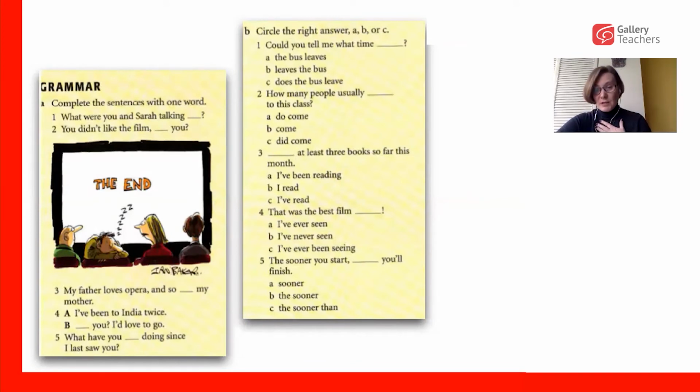If I think of my students, for example, an upper intermediate group, they're very fast learners, and for them multiple choice will not be challenging enough. So I decided to put them together and make it a gap fill.